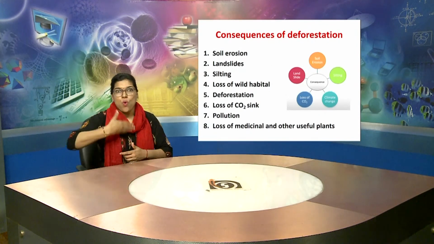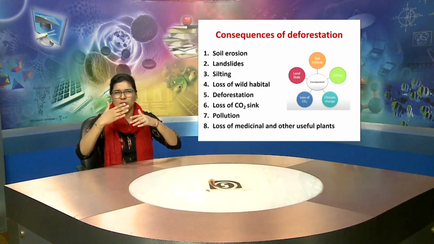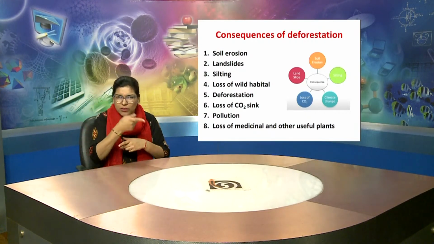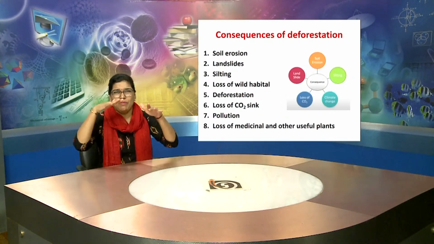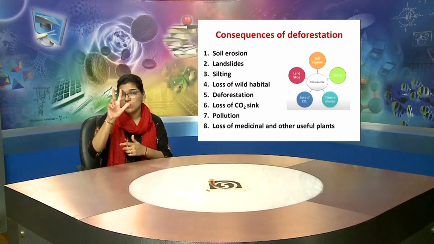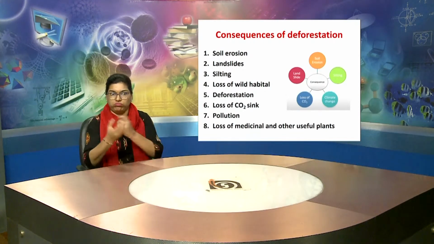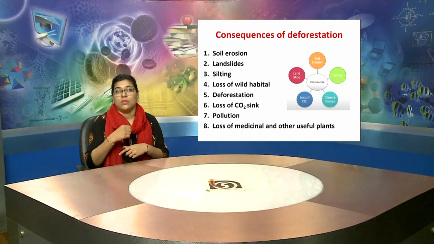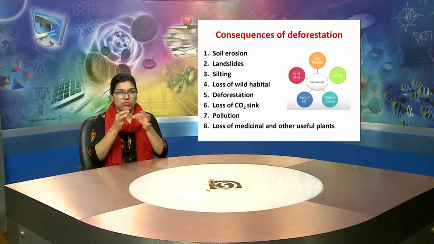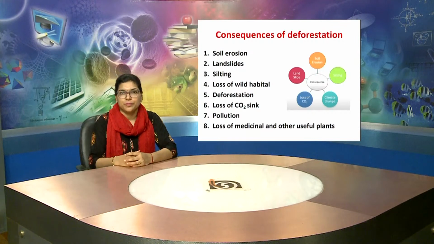Fifth consequence is pollution. Sixth consequence is loss of CO2 sink. The seventh consequence is climate change. And the eighth consequence is loss of medicinal and other useful plants. We will understand all these eight points in detail now.